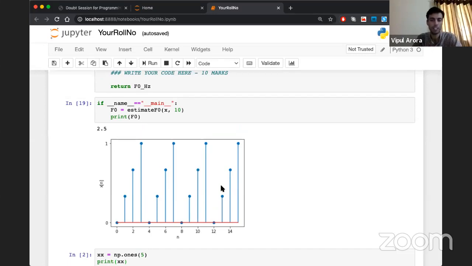But what I want to see is whether you understand how to compute autocorrelation, how you know, if your autocorrelation shift is this much, what the corresponding F0 is, all these conversions. These are the things I want you to get a feel of, and how F0 is related to T0, the time period, and how it is related to the sampling frequency.